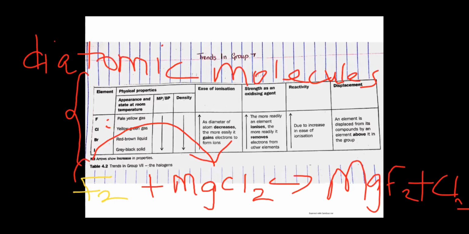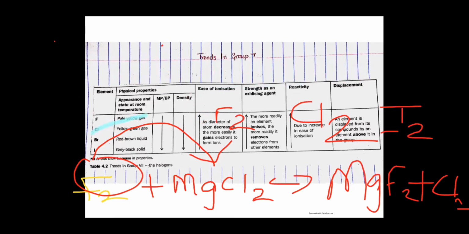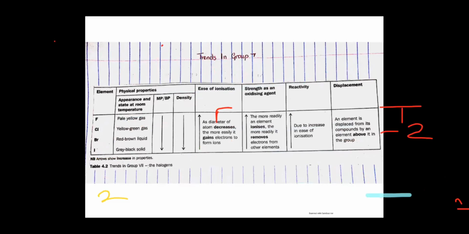So fluorine is represented as F2, chlorine as Cl2, bromine as Br2, and iodine as I2. In equations, they're represented with the 2 underneath. It has to be diatomic to exist by itself in nature.